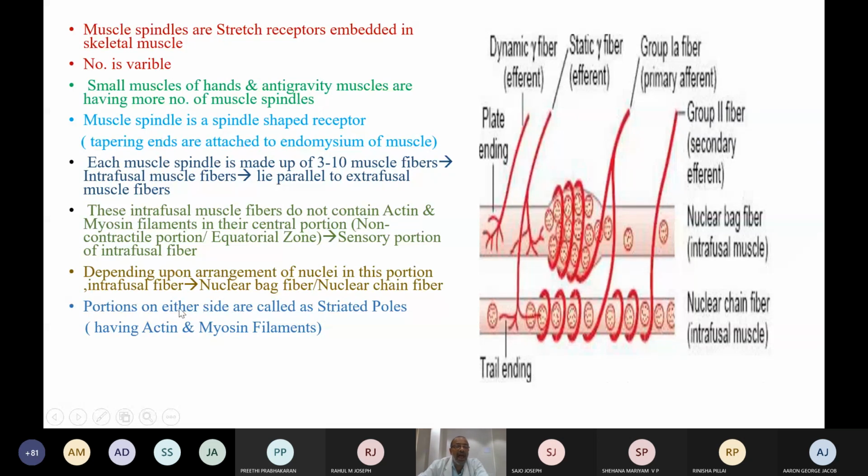Portions on either side are called striated poles, which have actin and myosin. So you can see this is the arrangement. Once again, we will talk about the innervation. Nuclear chain fibers, nuclear bag fibers. So this is the chain fiber and the bag fiber. Understood? Depending upon the arrangement of the nuclei.